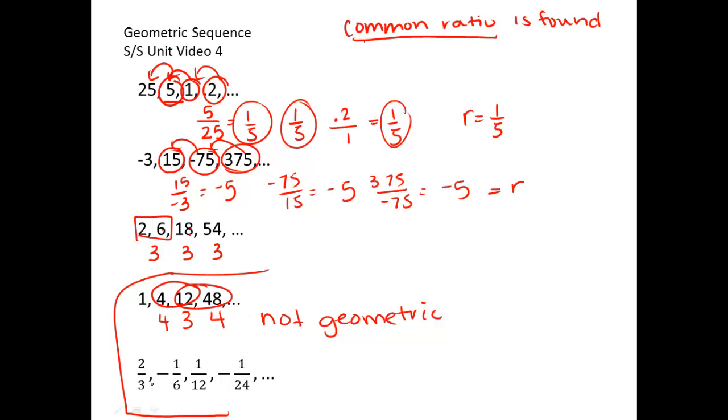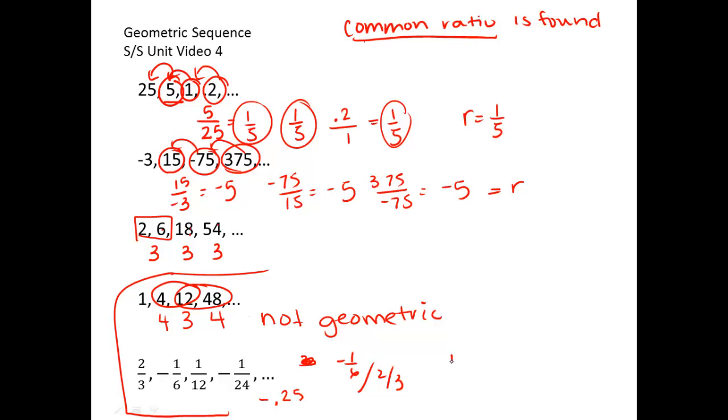Okay, next one. I'm going to do -1/6 divided by 2/3. The reason I'm showing you this example is so you're very careful when you enter this in your calculator. You need to be certain that you're using parentheses on both the numerator -1/6 and the denominator 2/3 when you check to find the common ratio. So I got -0.25.